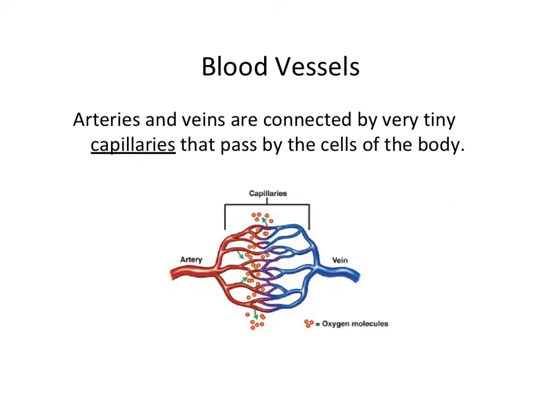When I say exchange, it means oxygen moving from the blood vessels into the cells, carbon dioxide moving out of the cells into the blood vessels, and same thing for nutrients. Nutrients going into the cells, waste coming out of the cells. And this all happens at the level of the capillaries.